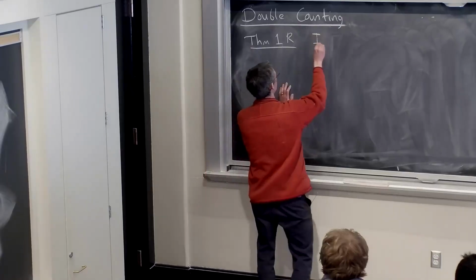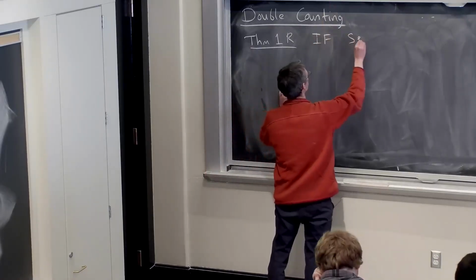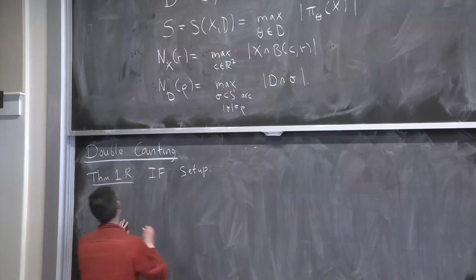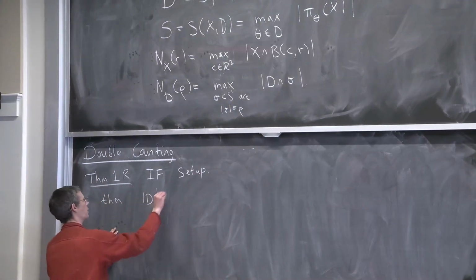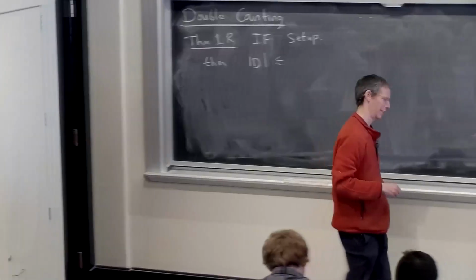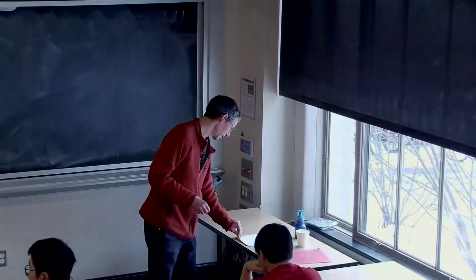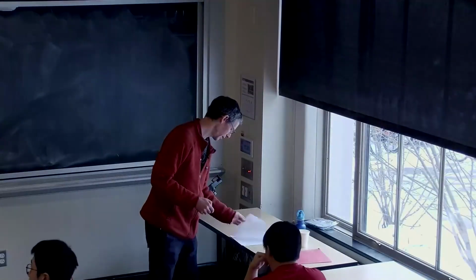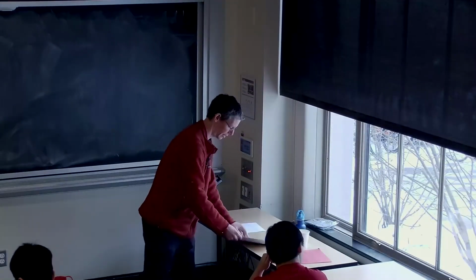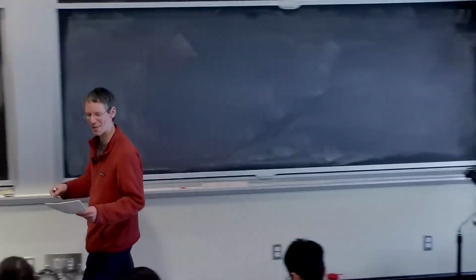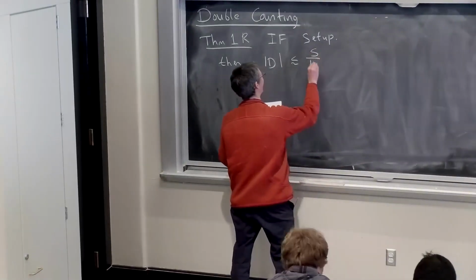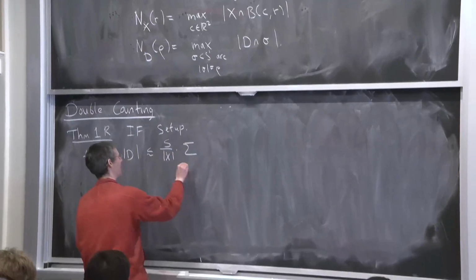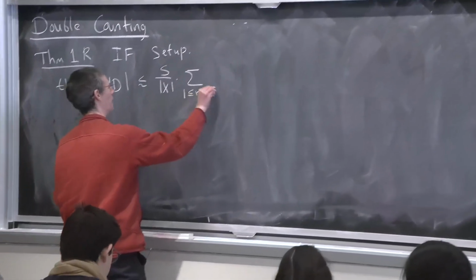OK, so if we have this setup, then the number of directions is bounded by, let's see. OK, so you'll notice that this is not a formula that I have memorized. S over X times the sum over different scales.